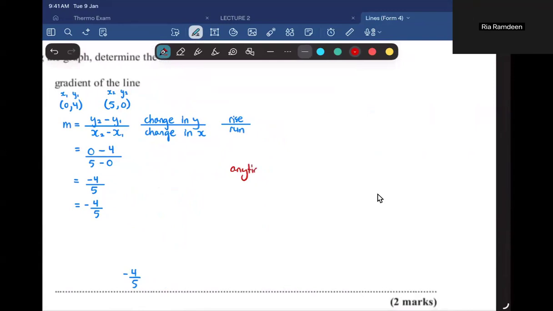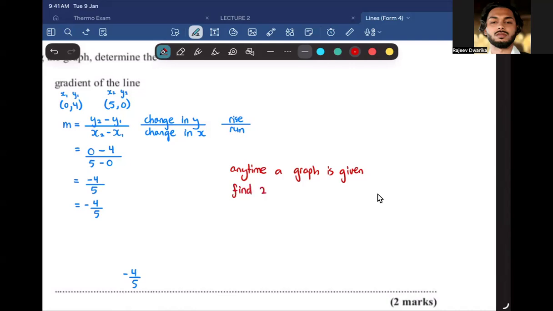Anytime a graph is given, find 2 points and use that to then find the gradient.